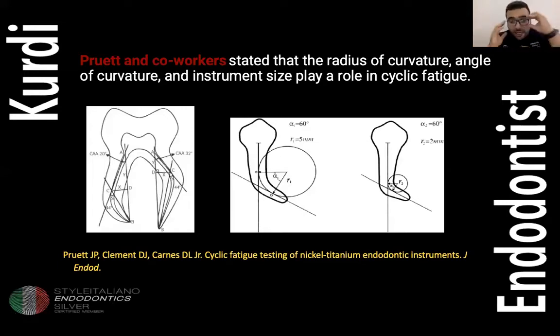And nowadays, we don't take the angle of curvature as the only right factor to detect the difficulty of the case, but we now take the radius of curvature, not only the angle of curvature.